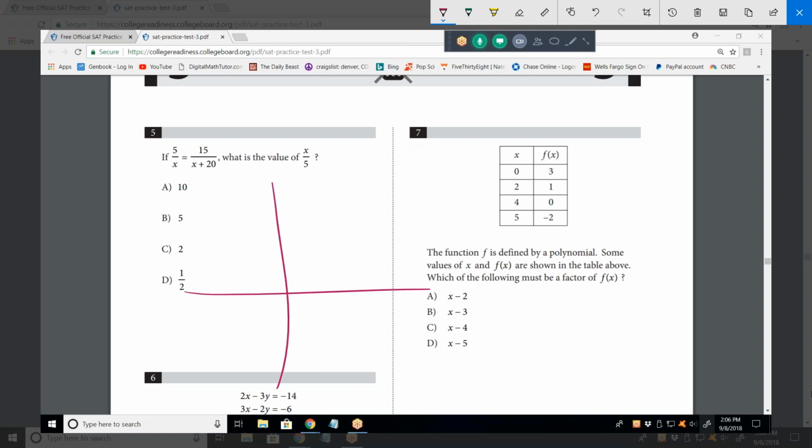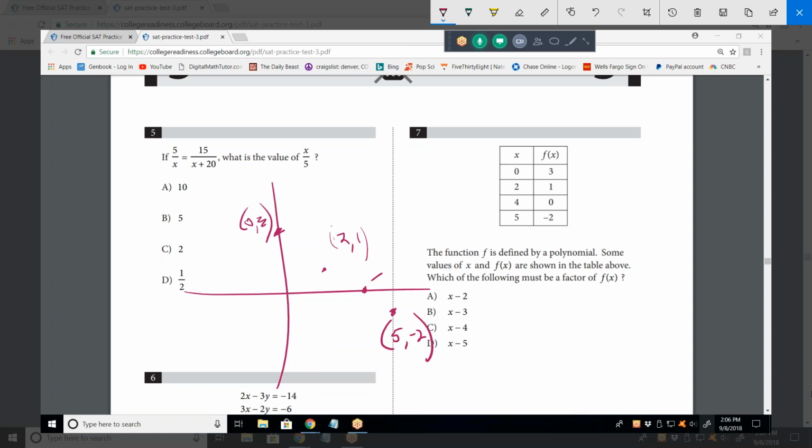So there's one data point, (0, 3). Another data point, when x is 2, f of x is 1. A third data point, when x is 4, f of x is 0. And finally, the last data point, when x is 5, f of x is -2.